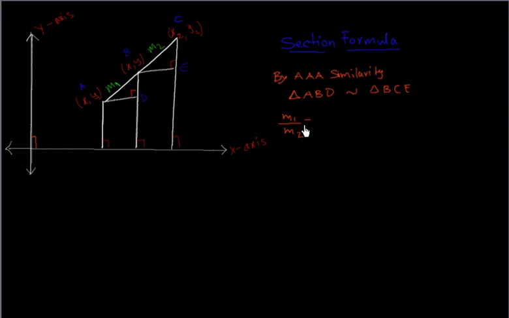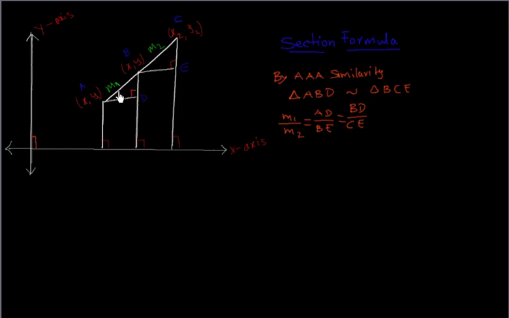M1 by M2 equals AD by BE equals BD by CE.